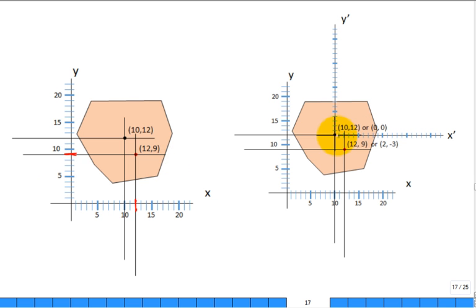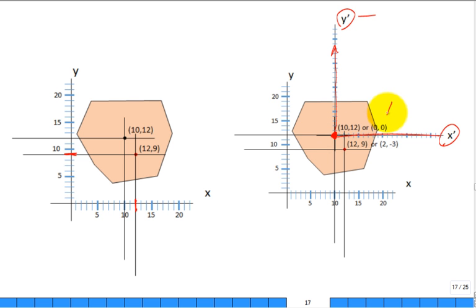And now I introduce an x prime, y prime coordinate system. What does the prime mean? Its origin is at the centroid. And it's parallel with the original x and parallel with the y-axis. So that's our centroidal x-axis, centroidal y-axis. Now, I can describe the location of the centroid in this new coordinate system.